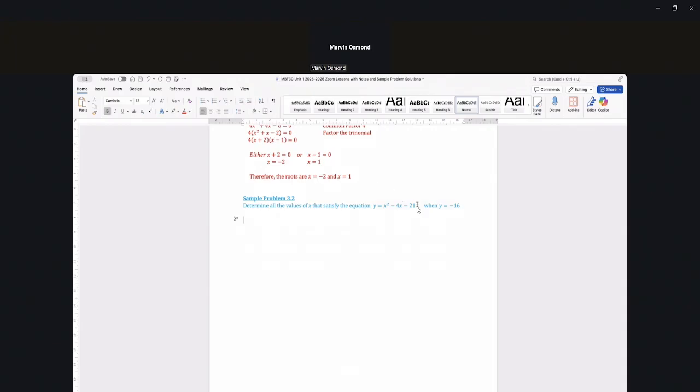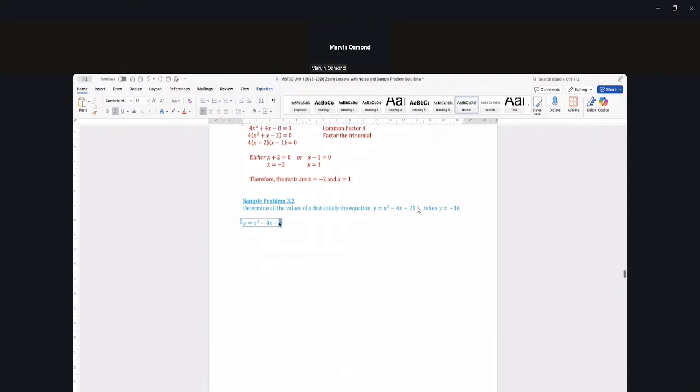I'm just going to copy this. Essentially what we're doing is this. And paste it in there, and I'm going to make it red. So y equals x squared minus 4x minus 21.